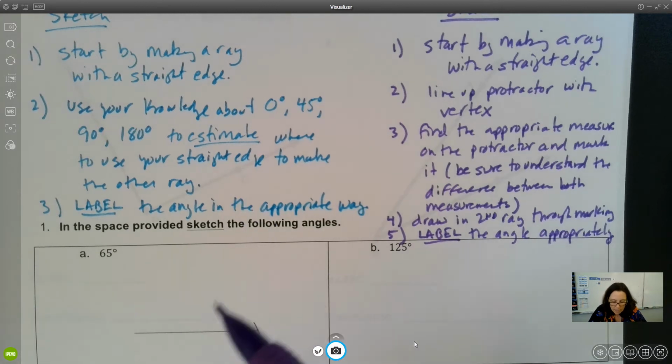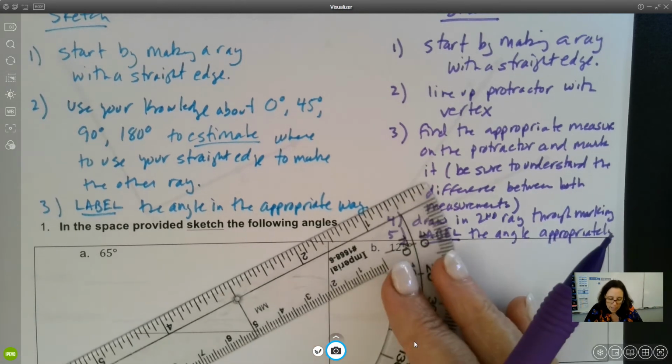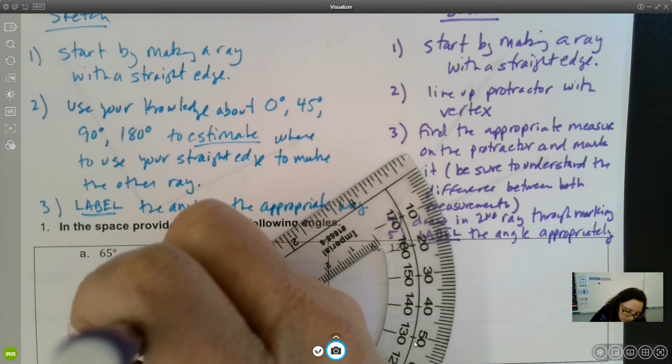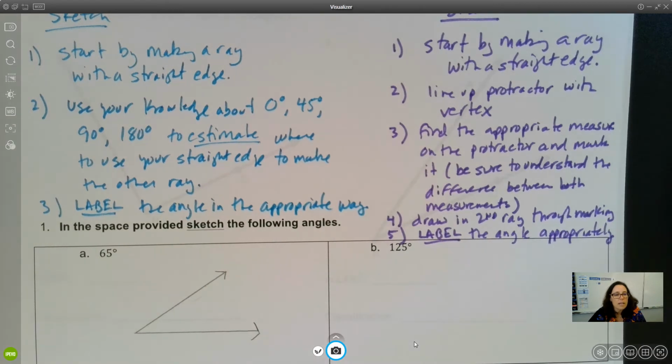So 65 degrees is going to be more than halfway, but less than all the way up. So probably right about here. So I made my other ray estimating.